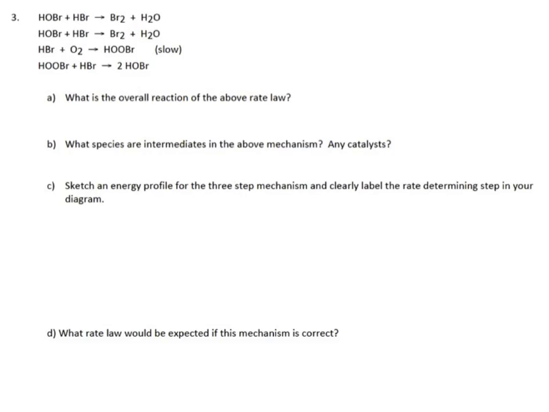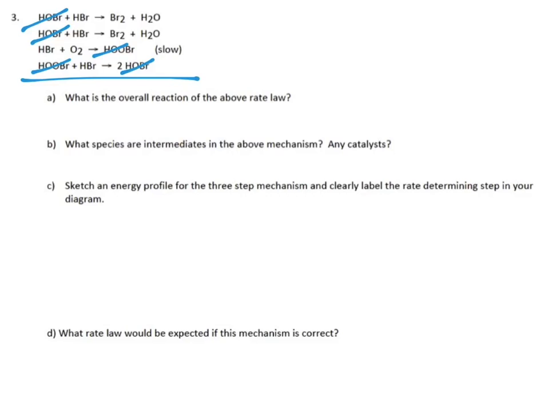So, what's the overall reaction of the above rate law? So tell me, what can we cross out? What can we cross out? Okay, I hear HOBr. We can cross HOBr out, and I heard HBr.